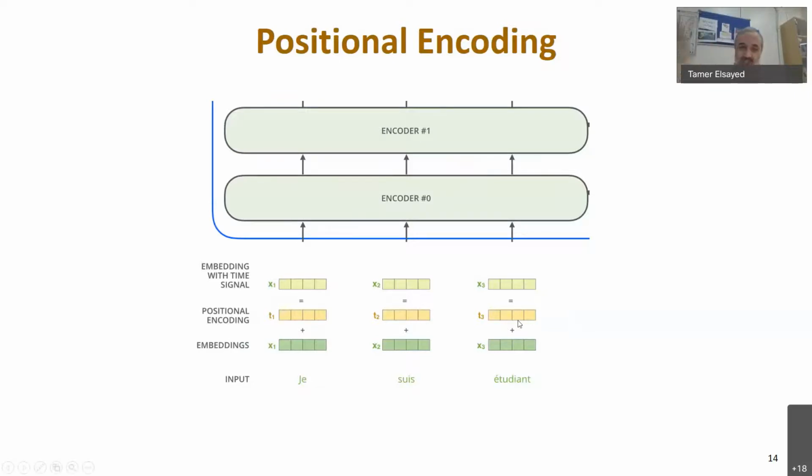It is done in a special way using sine and cosine functions. We don't care about the exact mathematical notation here, but it is important to understand that positional encoding is added or summed to the initial embeddings before those embeddings go to the first encoder.